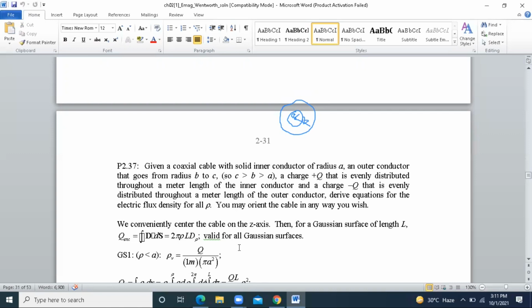So the volume of a cylinder is pi r squared times h, right? So Q, which is your total charge, divided by your volume, gives you your volume charge density.